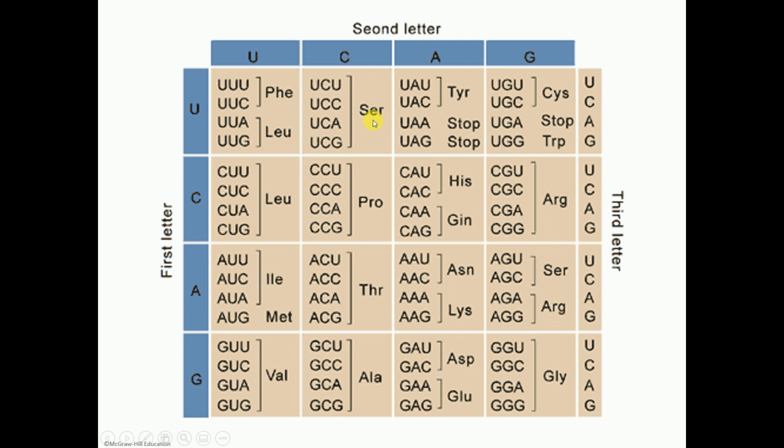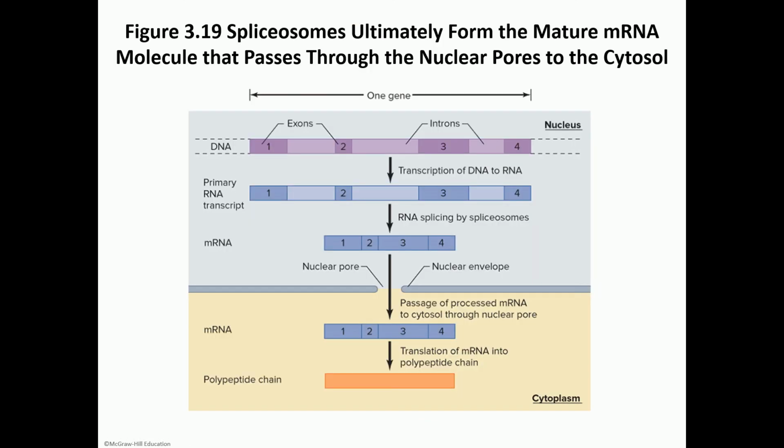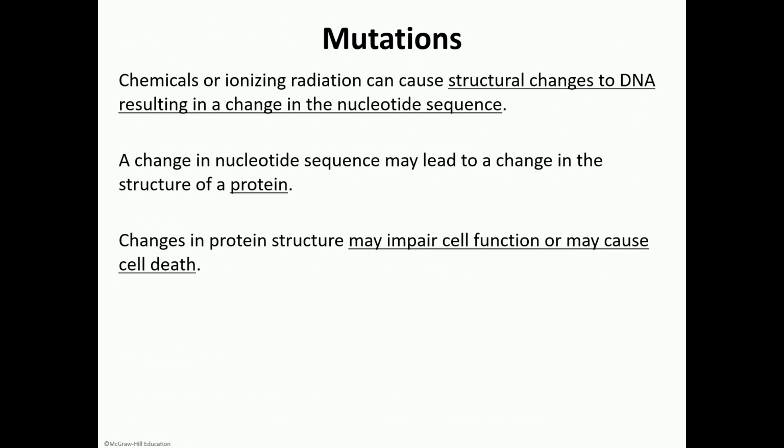Although there is a mutation that changed the base, it did not code for a different amino acid. And so we could have these silent mutations. We can live and die without even knowing that they were there. So the silent mutation is due to the redundancy in the codes.